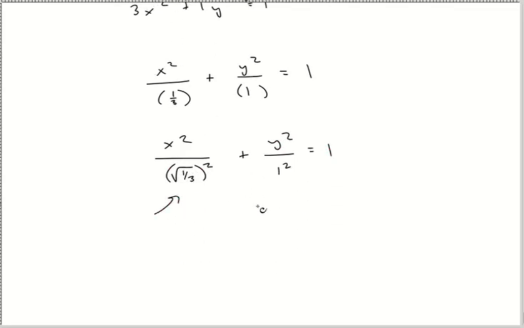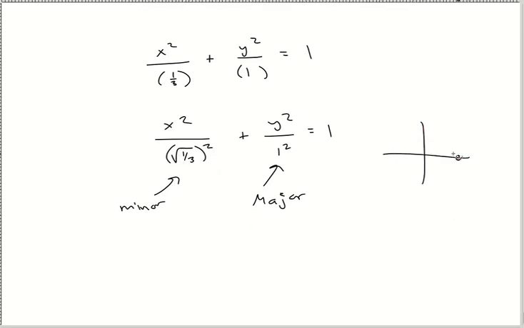Now, we have a major and a minor, and I'm wanting to know which one's bigger. And you could probably guess that the 1 is actually bigger than the square root of 1/3. You can go back to your calculator and find that out if you want to, decimal-wise. But major is actually a 1 in this case. For all of what we have, it's going to be an up-down kind of ellipse, something like that, okay? Again, this is a 1 distance going up and down.